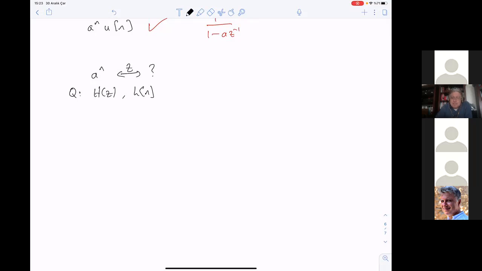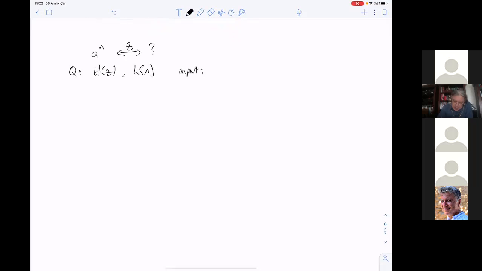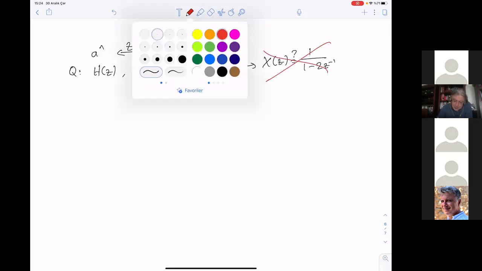There is this system, and the input is 2 to the power n. And the output is blah, blah, I say. And then the students immediately get confused about that. They say that the input is 2 to the n, therefore should I say that x of z is equal to 1 over 1 minus 2z inverse or something, maybe? And then the answer is a big no.